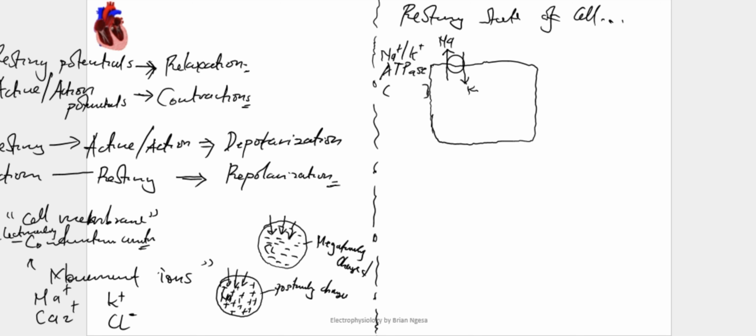So ordinarily, in the sodium potassium ATPase pump, we are able to pump out sodium, and at the same time take in potassium using the same pump. This pump is specialized in that you normally extrude three sodium, and you normally admit 2 potassium.